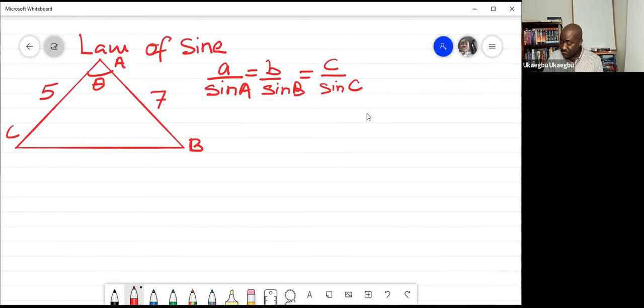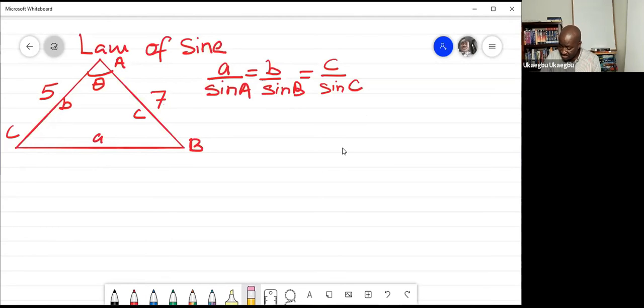Now in this type of triangle, we actually don't know the side A. So this is small a, this is small b, and this is small c. We have to have at least one angle, so let's give this angle theta a number in degrees.